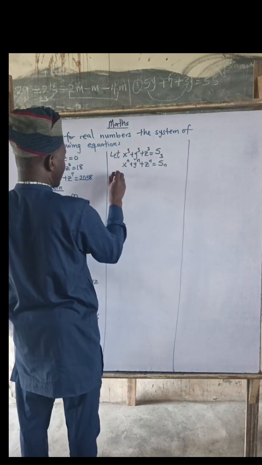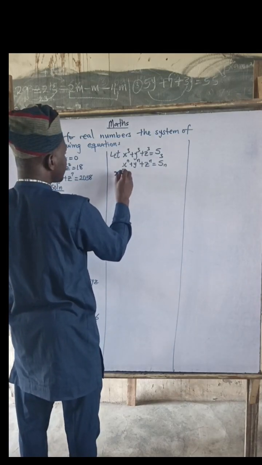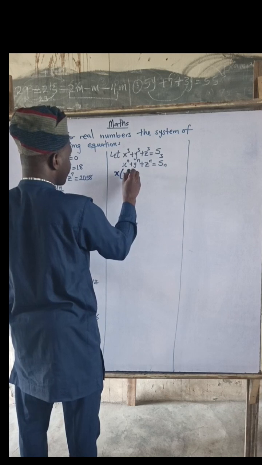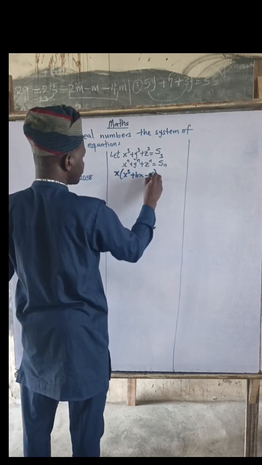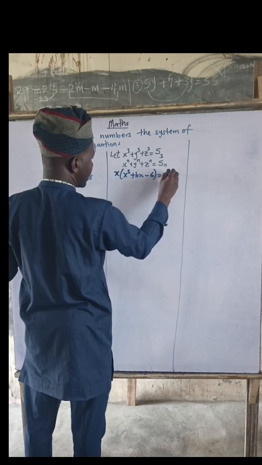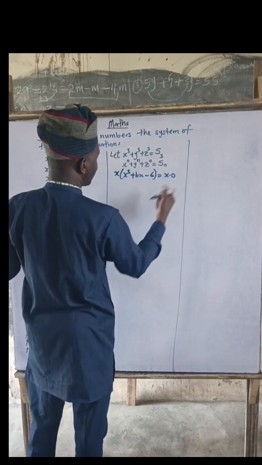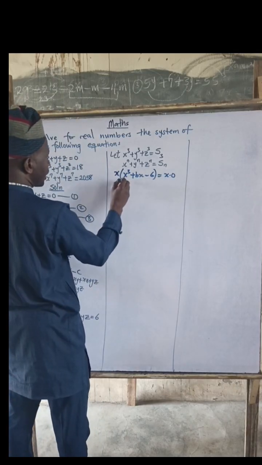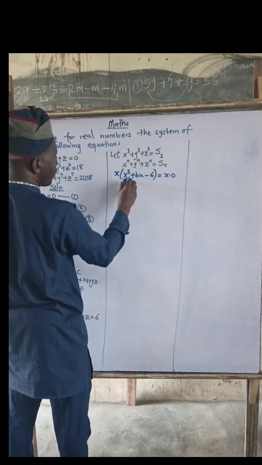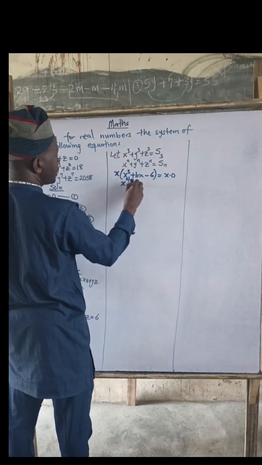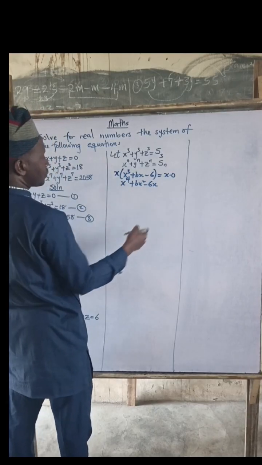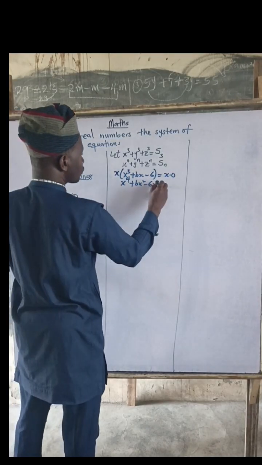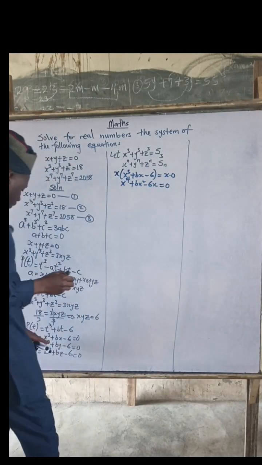When you multiply x by x to the power of 3 plus bx, then minus 6, the other side when you multiply by x, you are going to have 0. 0 by any number equals 0. You are going to arrive at x raised to power 4 plus bx squared, then minus 6x. This is what you are going to arrive at, equals to 0.